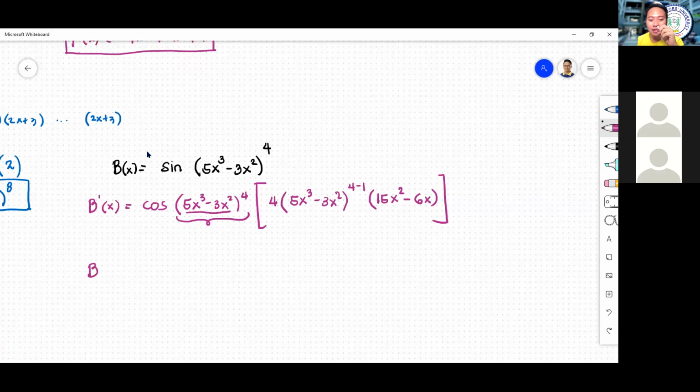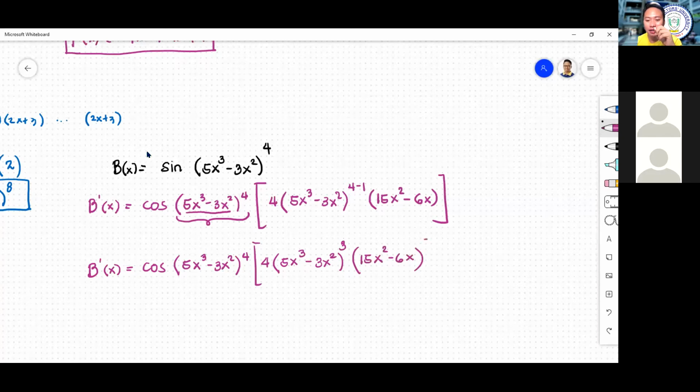So let's continue. B prime of x equals cosine of 5x cubed minus 3x squared raised to the power of 4. I'm going to manipulate all the things inside the brackets. So we have 4 times 5x cubed minus 3x squared. 4 minus 1 is simply 3. And then you just copy the binomial terms again, 15x squared minus 6x. And then I'm going to multiply 4 to these terms here.